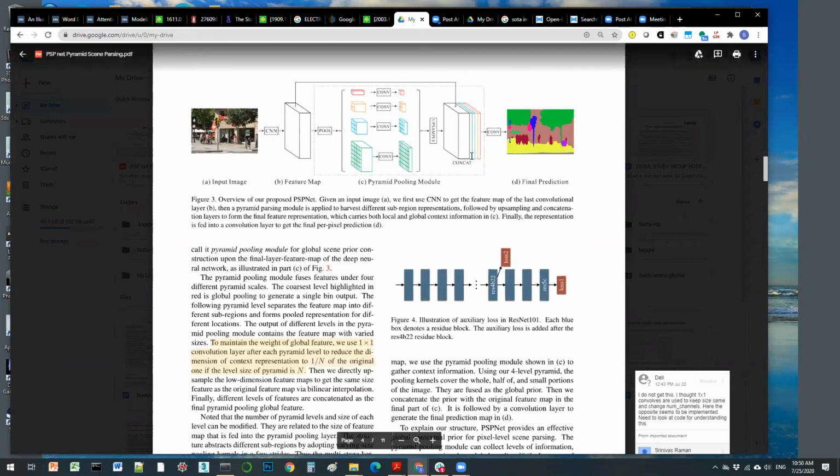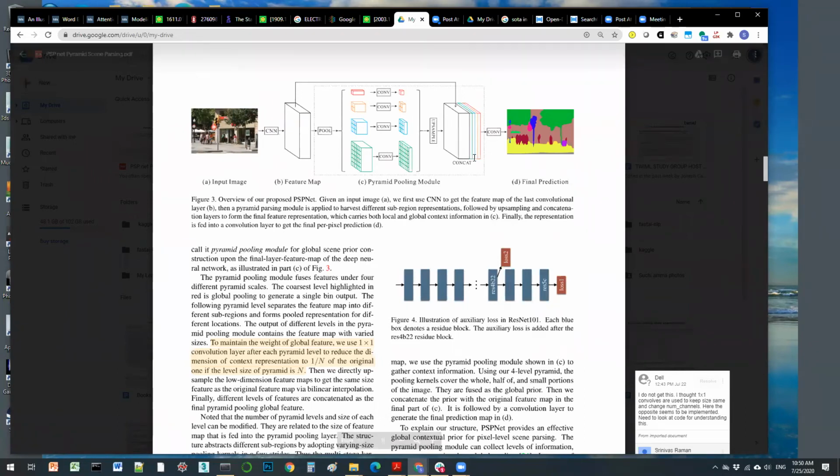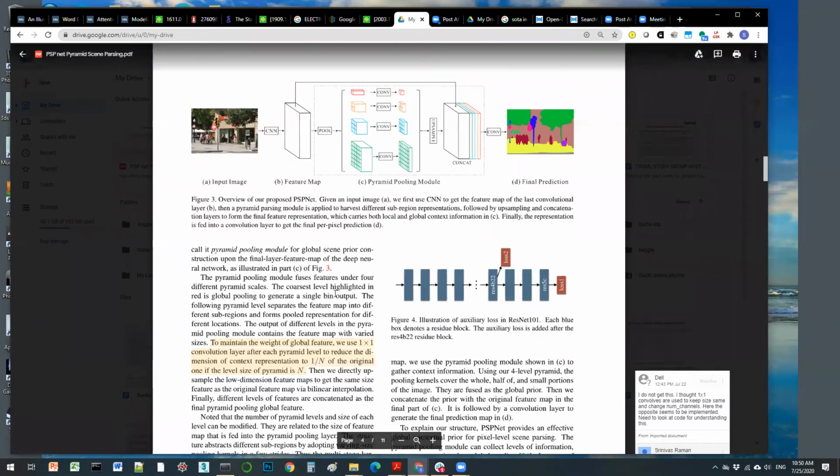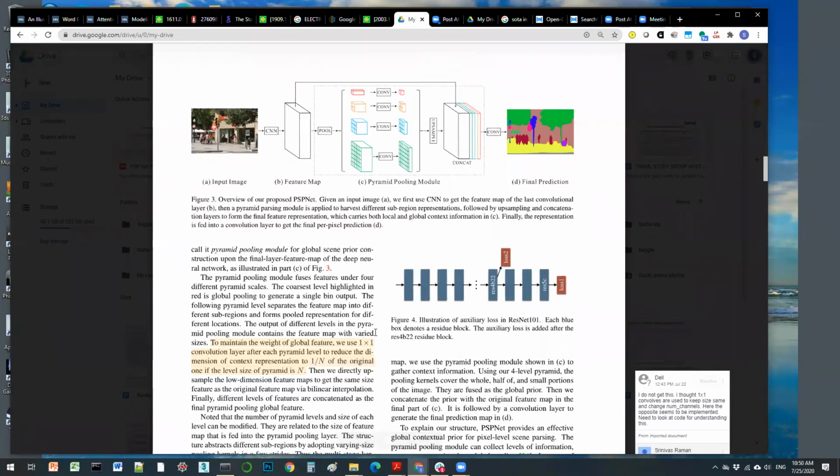So if the Z dimension of each of these 4 is 512, then 4 times 512 is 2048, which is what you would get when you stack them one after the other here. So that's the goal of doing the 1 by 1.